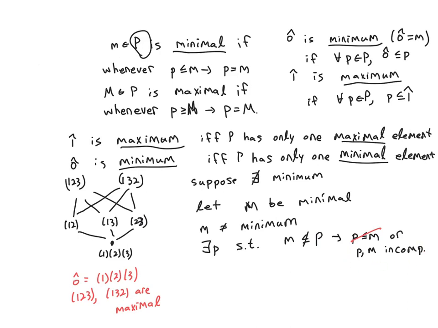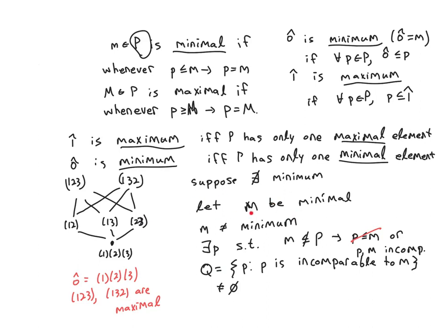So we must have this case. And so in particular, you can talk about a new poset, P, of elements incomparable to M. And we know this is non-empty. And moreover, given any two elements in here, we take the same partial order that they had before as elements of P. And so this is a partially ordered set.